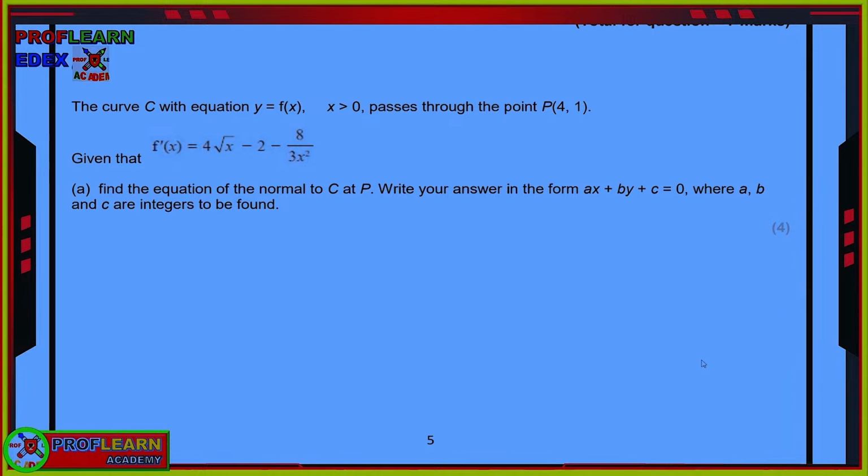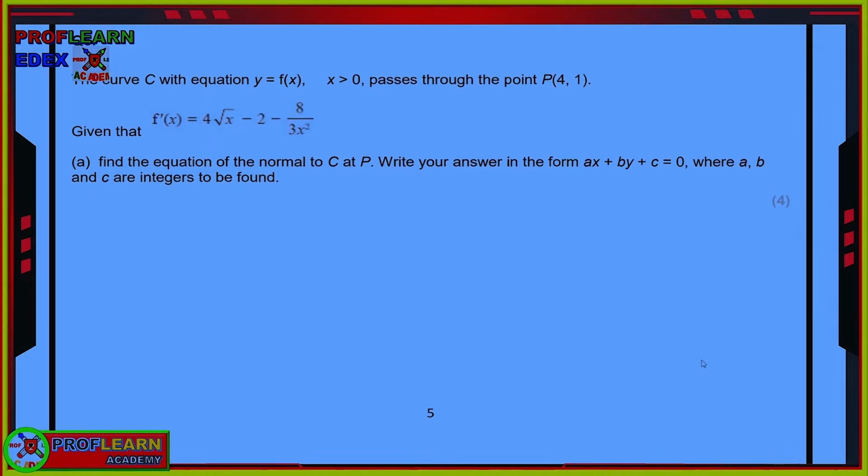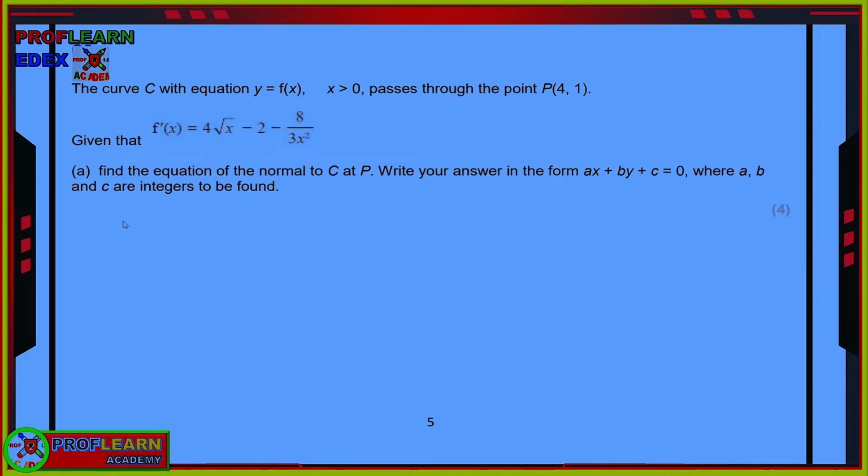So we were given the gradient function f prime of x. Already it's differentiated. So for you to find the equation of the normal, first you need to find the gradient of the curve. To find the gradient of the curve, we were told the function y equals f of x passes through the point 4, 1. So the x coordinate there is 4. We are going to substitute it into the gradient function here.